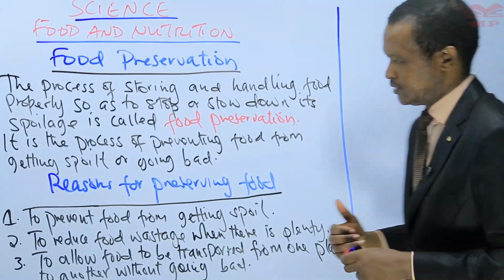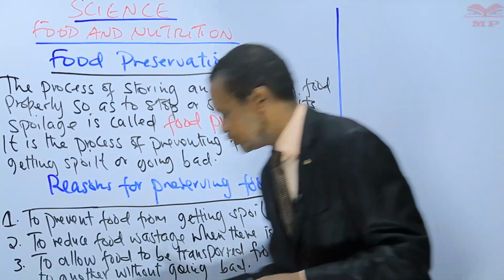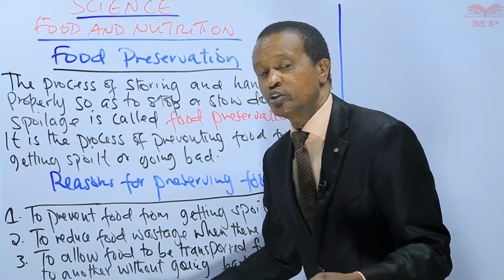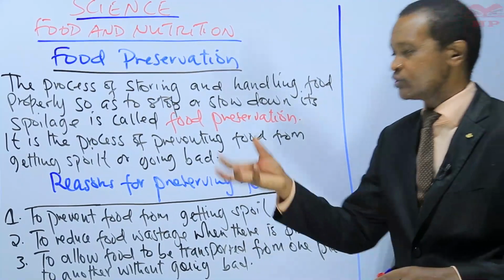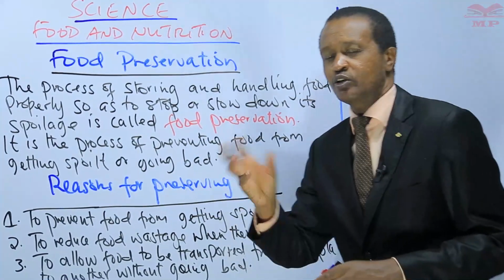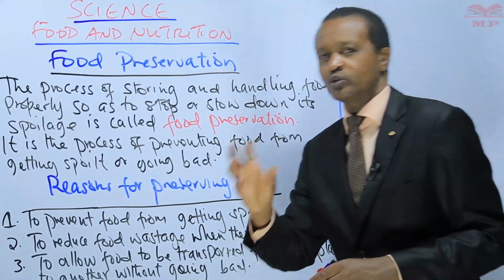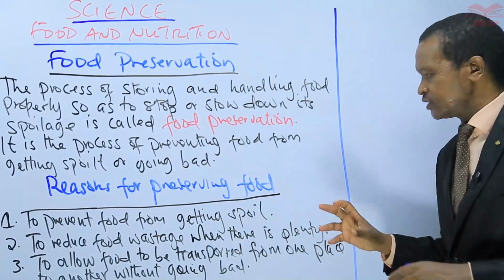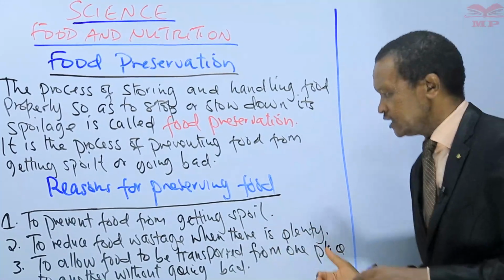Okay? So if you're harvesting food that can easily go bad, like say tomatoes, which are vegetables and they can easily go bad, all right? So learners, if a farmer harvests tomatoes, then there may be need to do what?